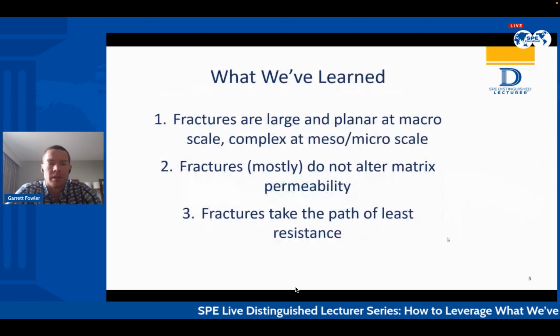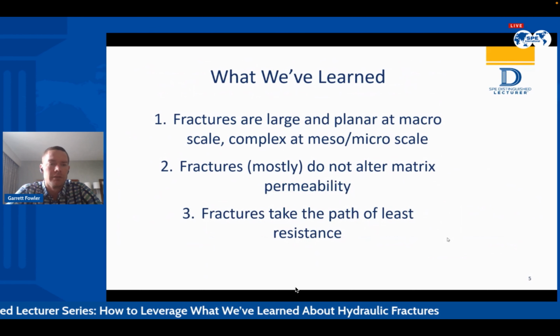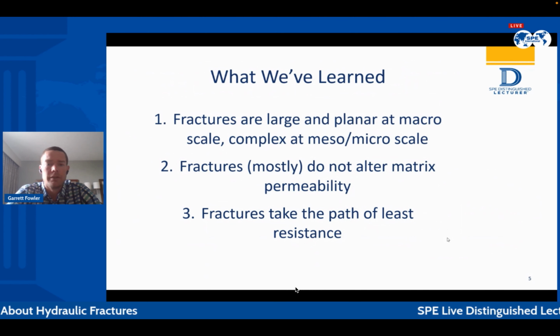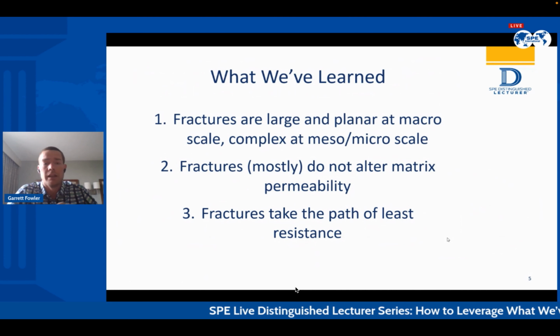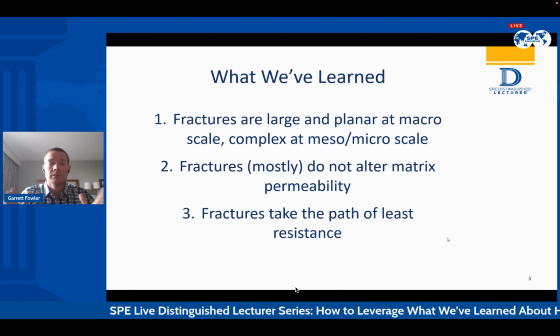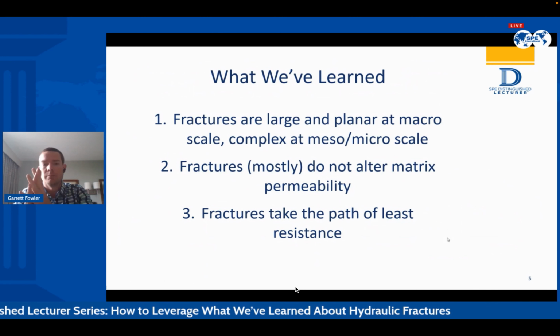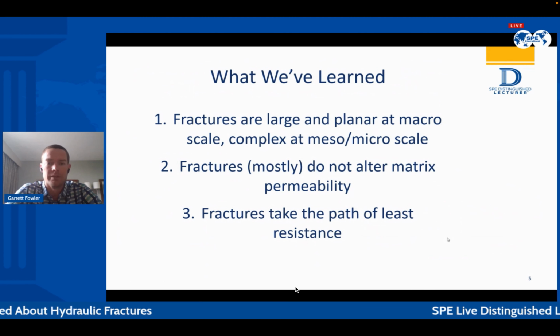I've summarized what I think are the three primary learnings we have taken away over the last 5 or 10 years in the unconventional industry. First, fractures are large. They propagate in a planar manner, and at a large scale, those are very straight features. Within those features, they are more complex. We'll talk about some fracture strands and swarming that we've observed in some of these core 3 studies.